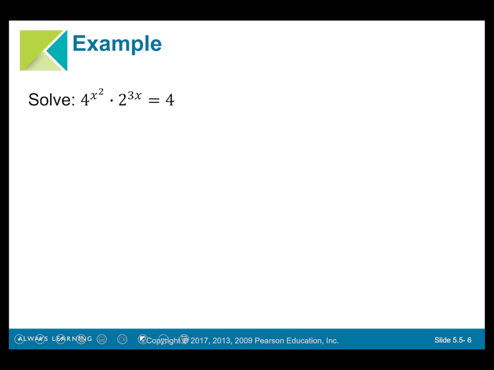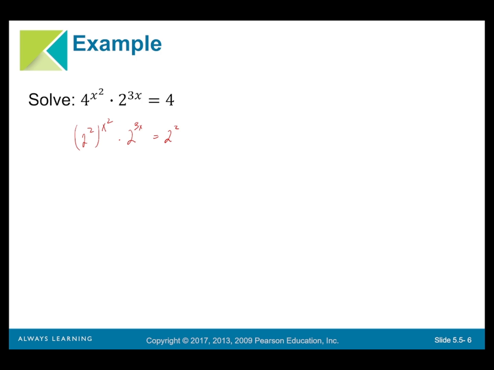Moving on to this next one, I have 4 to the x squared times 2 to the 3x, and that equals 4. These are close to all having the same base, but 4 is really a power of 2. So let's see if we can write this so that they all have the exact same base. Writing 4 as 2 to the 2, I have 2 to the 2 to the x squared times 2 to the 3x, which equals 2 to the 2.